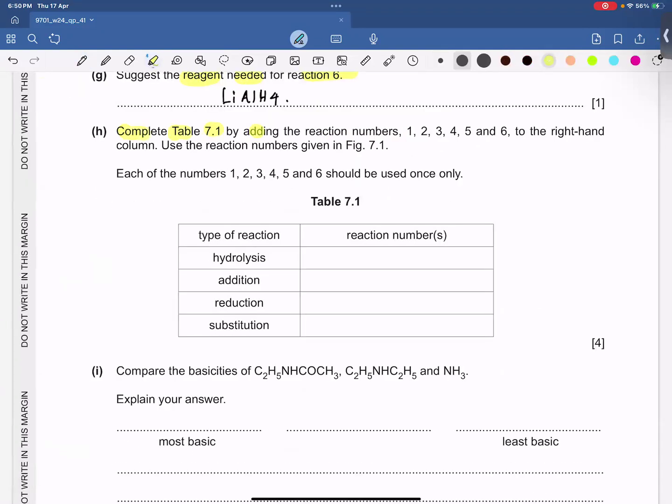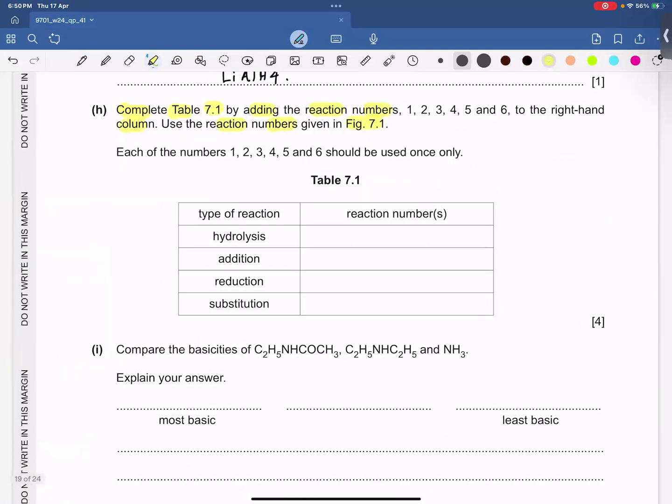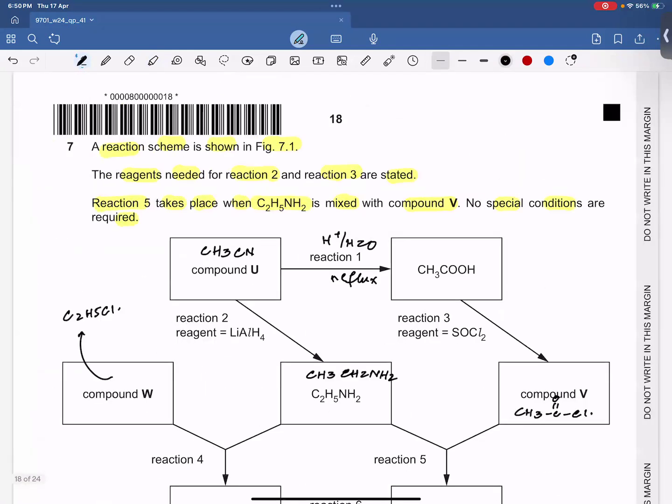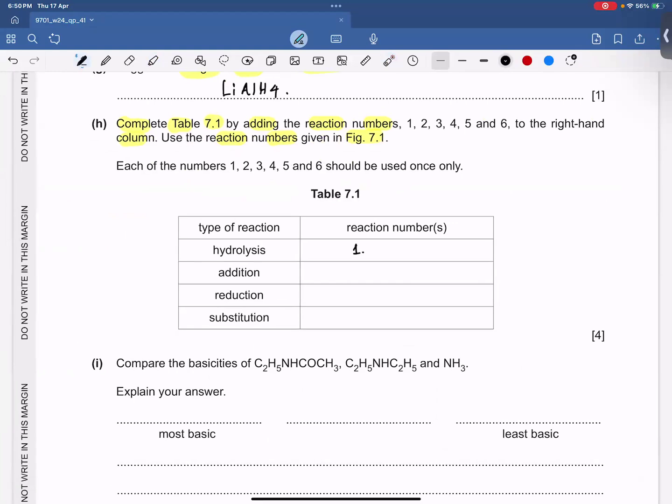Complete table 7.1 by adding the reaction number to the right hand column. Use reaction number given in figure 7.1. Hydrolysis 1. Acid hydrolysis 1. Addition. Yes, this is addition reaction because addition of hydrogen is taking place. Reduction.